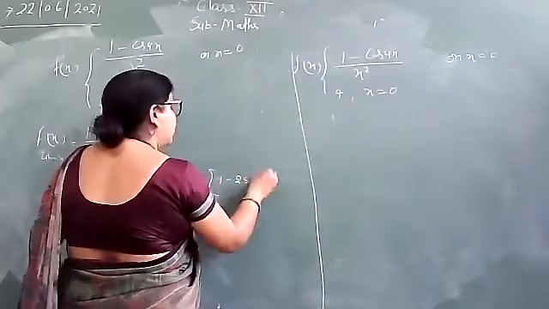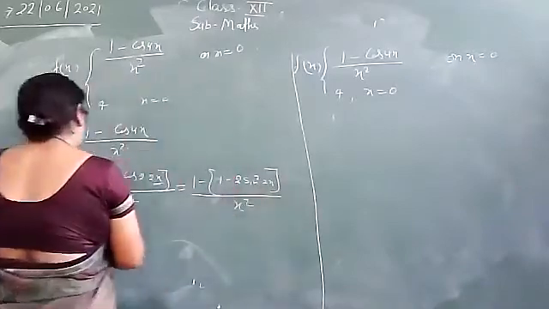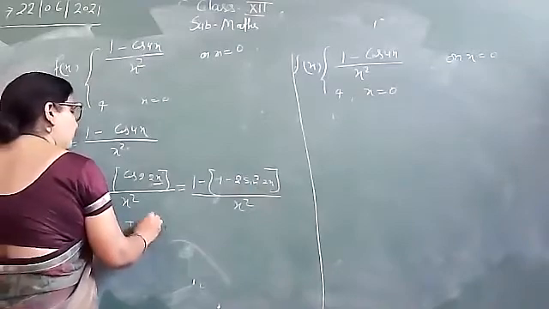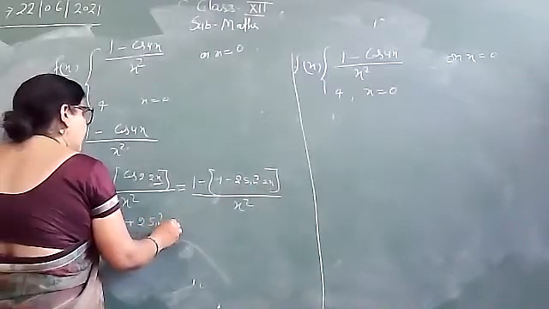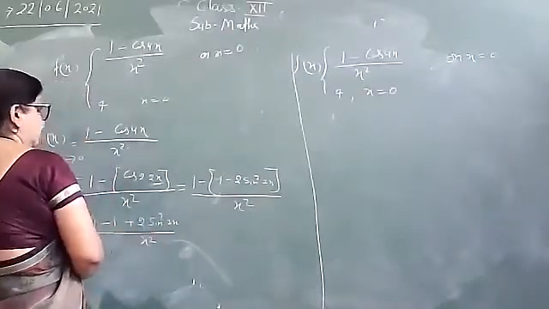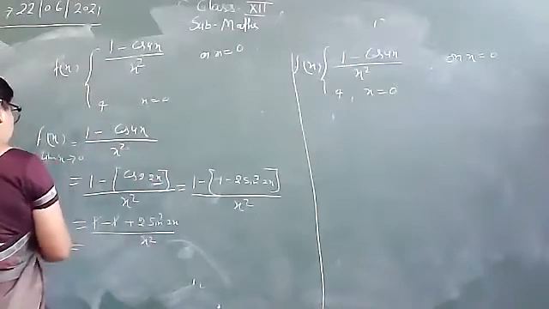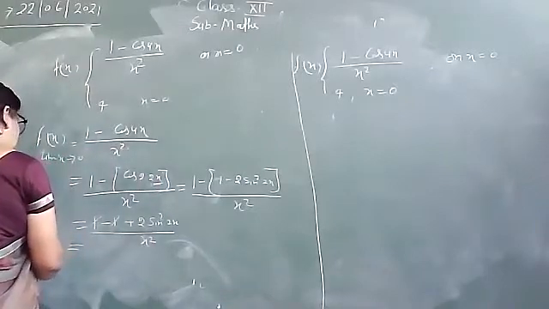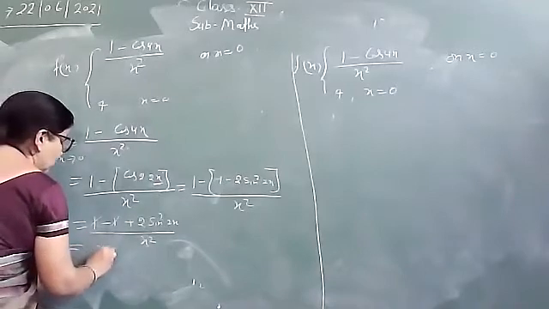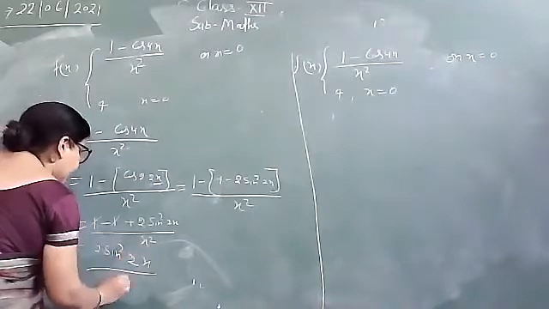Here theta is 2x, upon x square. 1 minus 1 plus 2 sin square 2x upon x square. Here it cancels, and limit x tends to 0 is going on. So 2 sin square 2x upon x square.